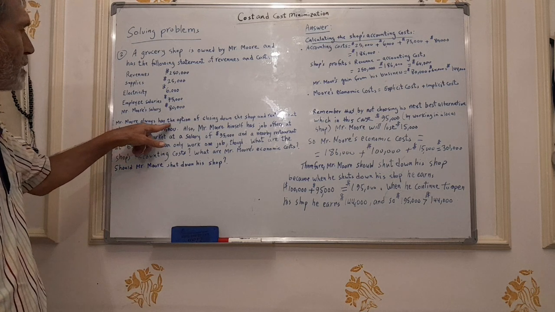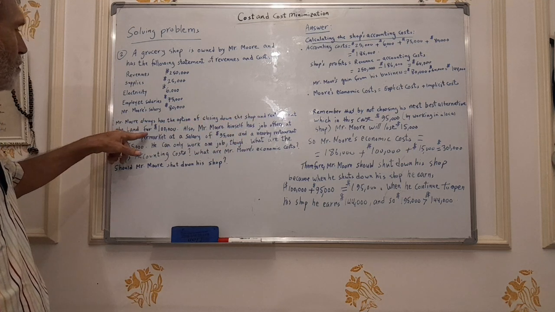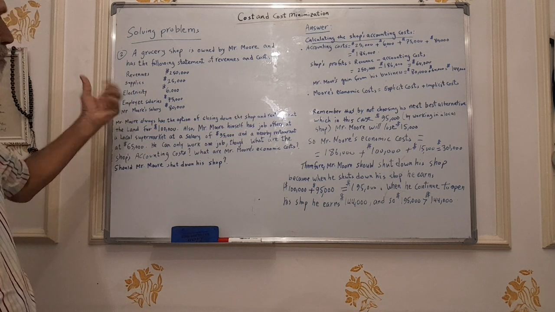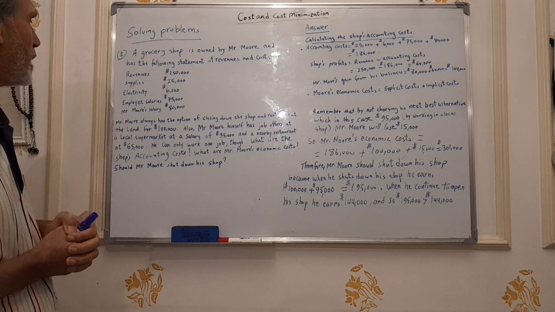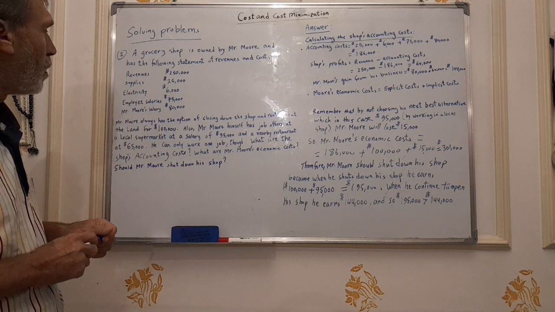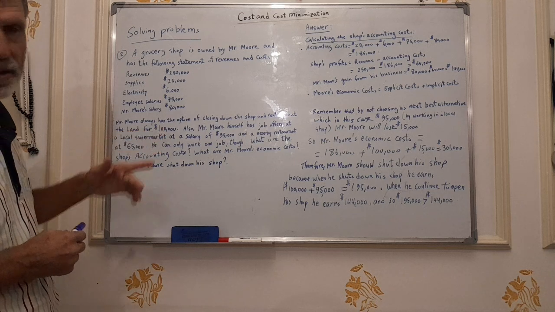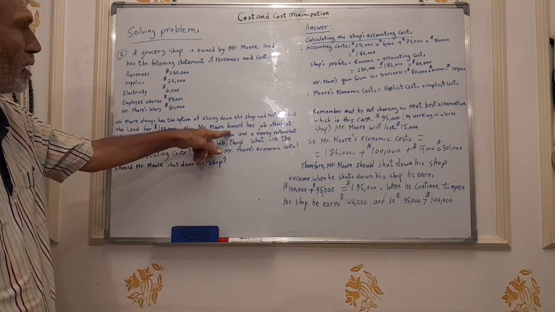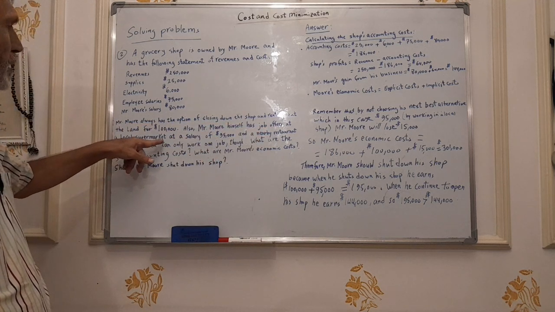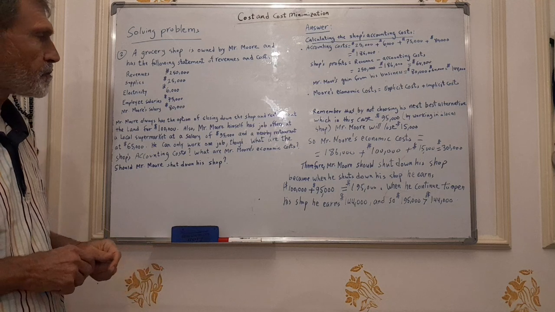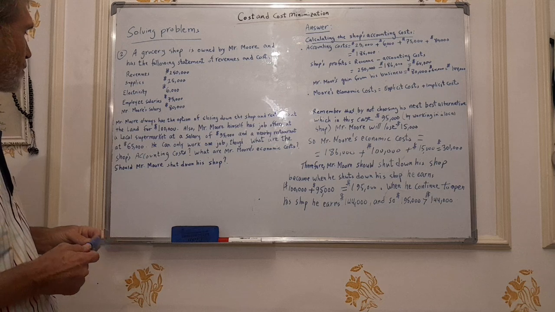Mr. Moore always has the option of closing down the shop and renting out the land for $100,000. This shop is on land that is owned by Mr. Moore. Also, Mr. Moore himself has job offers at a local supermarket at a salary of $95,000 and at a nearby restaurant at $65,000.